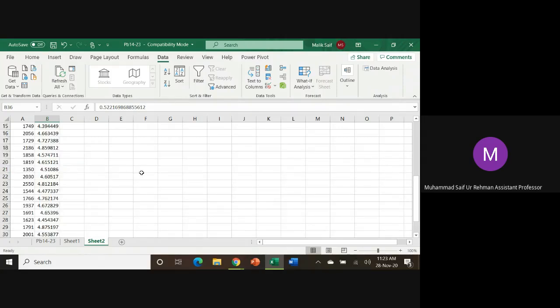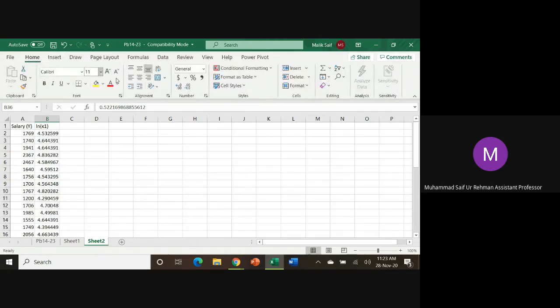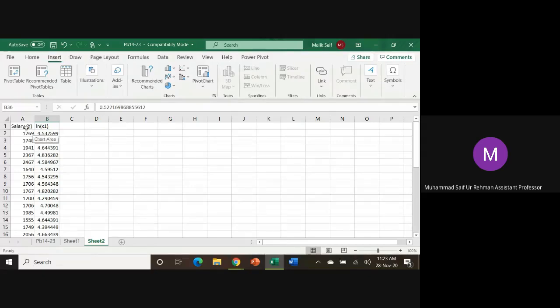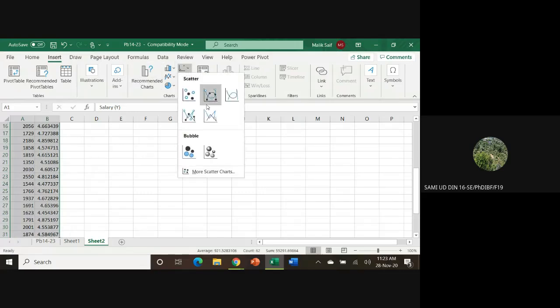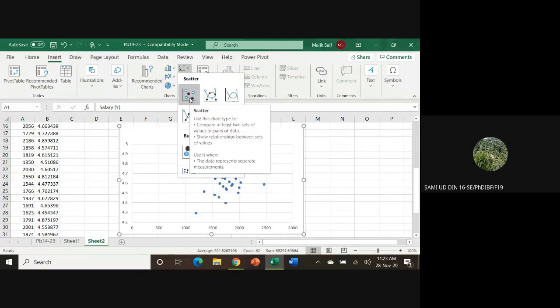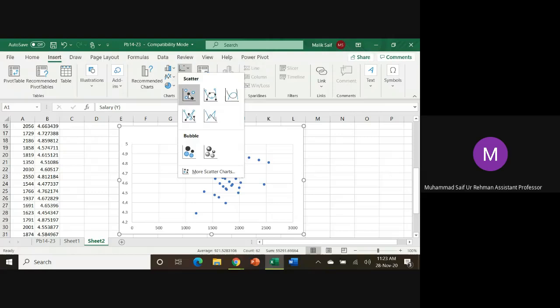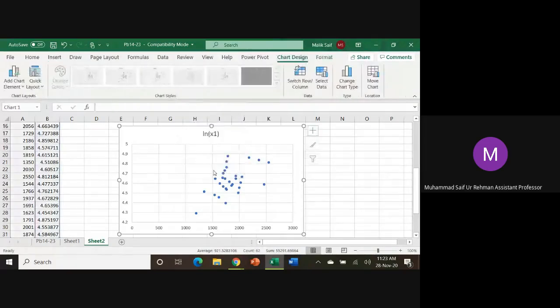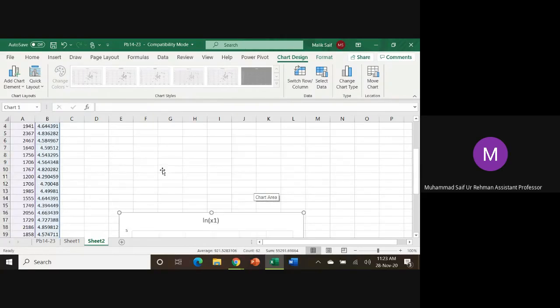Now let us have the graph for this. Sir, after we took the log, what changes happened, has the linearity also increased? Let us see. So this is the result when we took the log of x1.